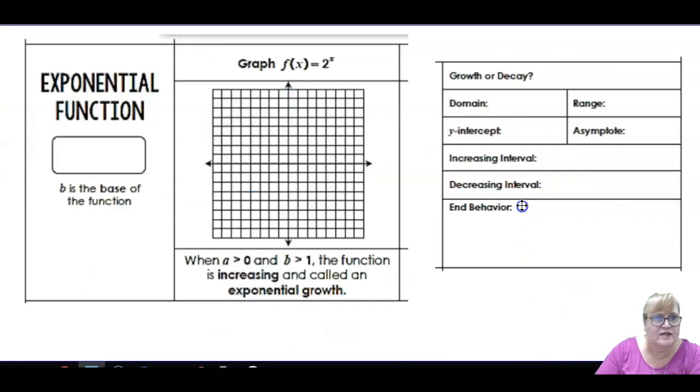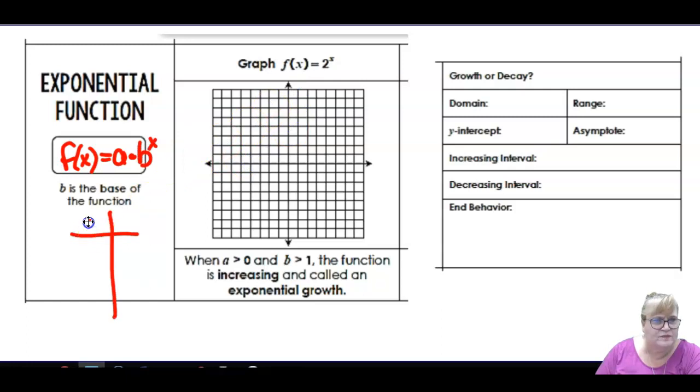Let's do a little practice here. Here's our favorite one, y equals 2 to the x. So I'm going to put here a times b to the x. And we're going to just do some ordered pairs real quick. So we're doing 2 to the x.